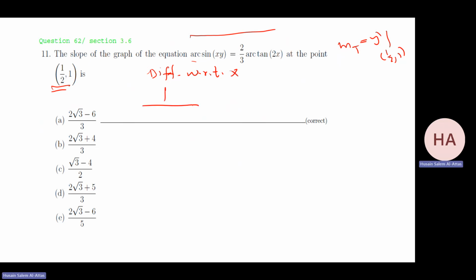So I have 1 over square root of 1 minus (xy) squared, times the derivative of this, which is y plus x y prime, equals 2 over 3 times 1 over (1 plus u squared), times the derivative of u, which is 2. This is not plus, this is times. And this is equal.